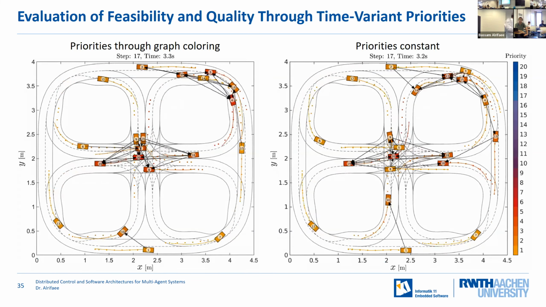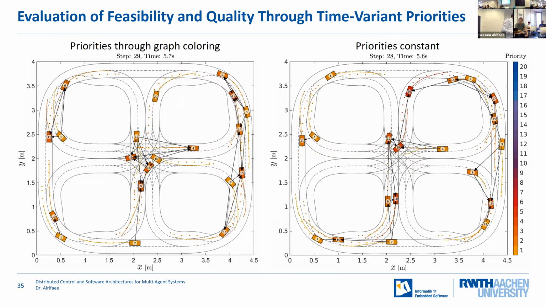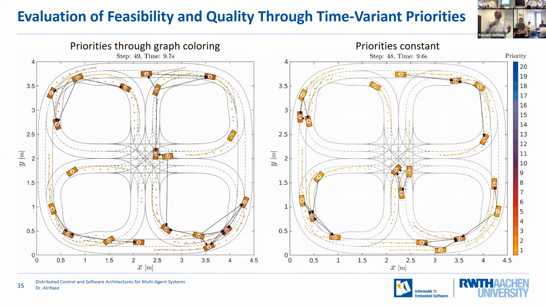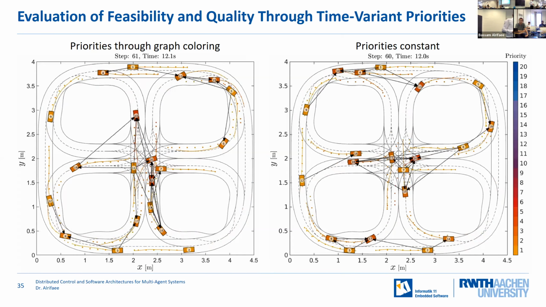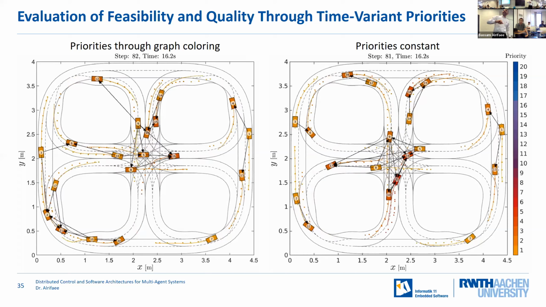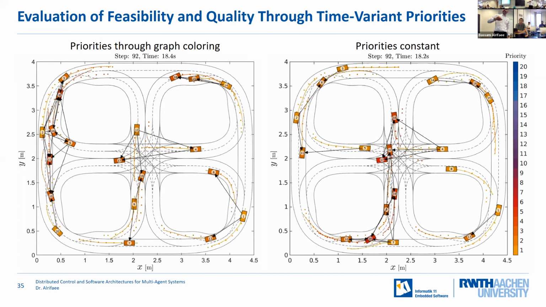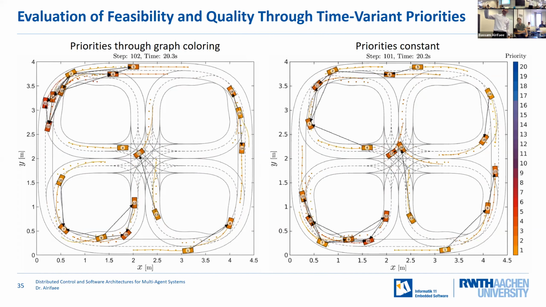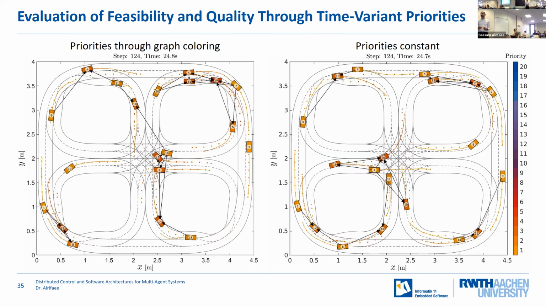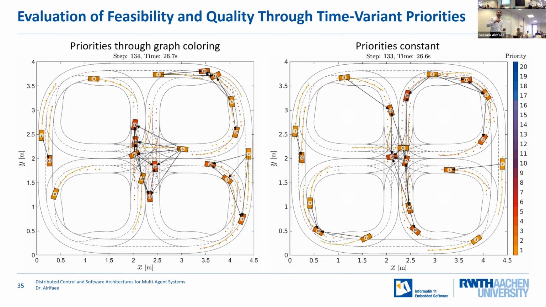Now you may wake up, you will see some exciting experiments and simulations. So we are done with the theory. Sorry for the theory part. So on the left-hand side, we see the priorities through graph coloring, and on the right-hand side, the priorities with constant distribution of the priorities.